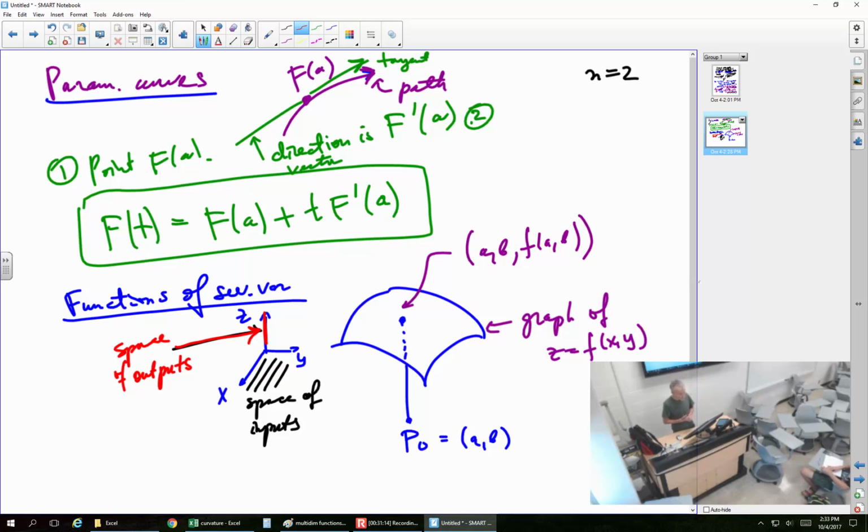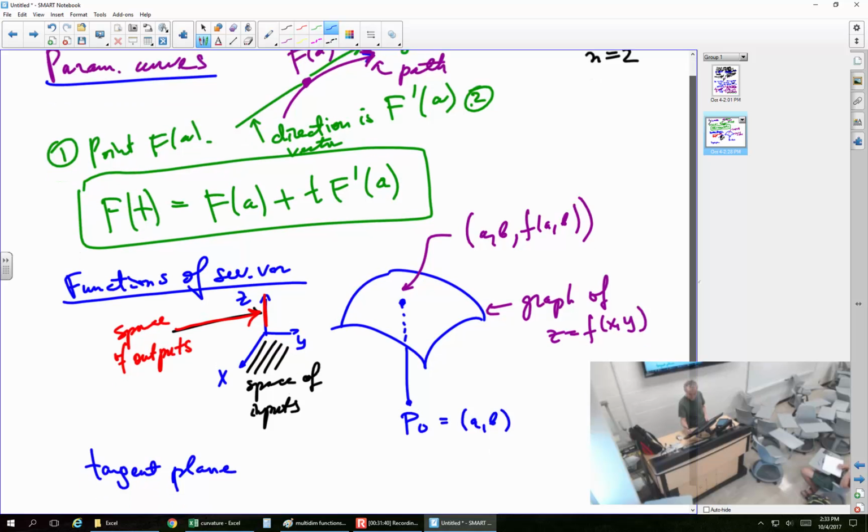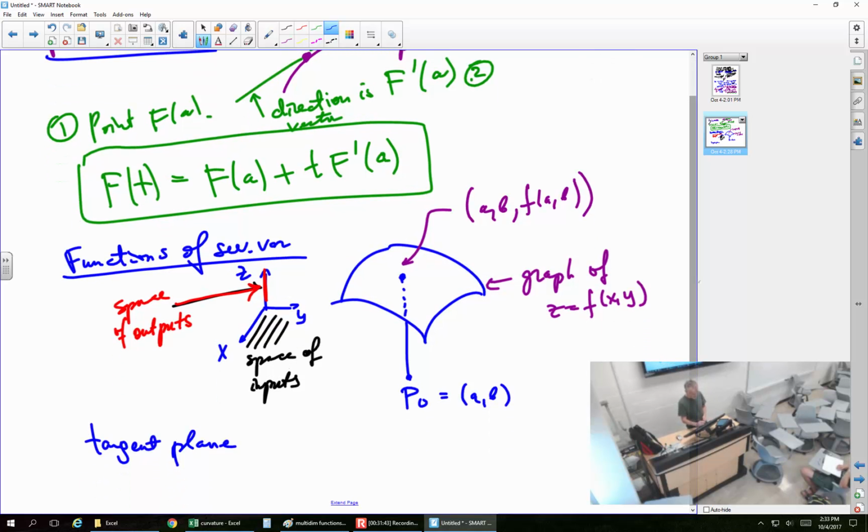Now the question is, what is the analogy of a tangent line if we're talking about surfaces? Tangent plane. The tangent plane serves not only in an informal way as an approximation, but as a linear approximation, in fact the best linear approximation, just as discussed in Calculus 2.